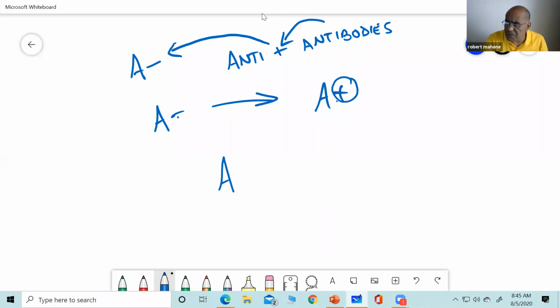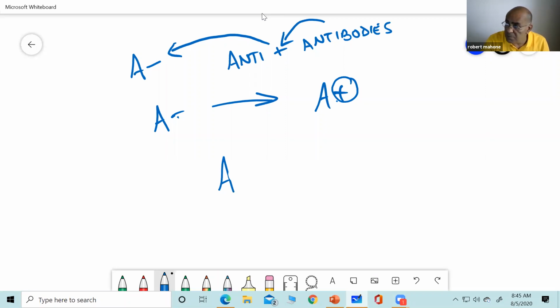Because once you put this out here, it misleads people. Oh, there's something that needs to be matched. No, there isn't. There's nothing there. Negative means there's nothing there and nothing to be matched. So negative blood can go to a positive person, no problem. There's nothing there for their antibodies to attack.